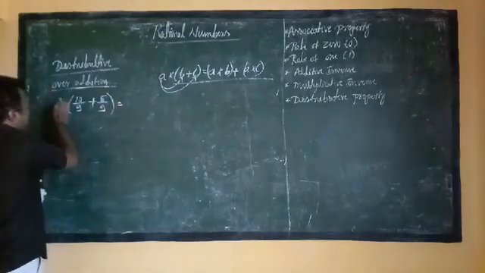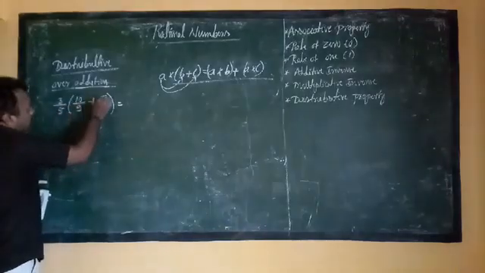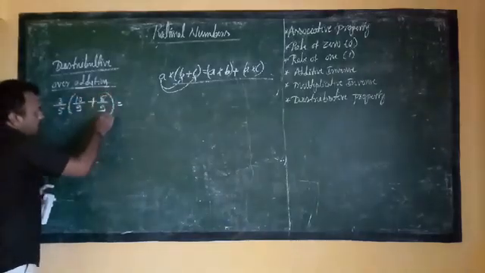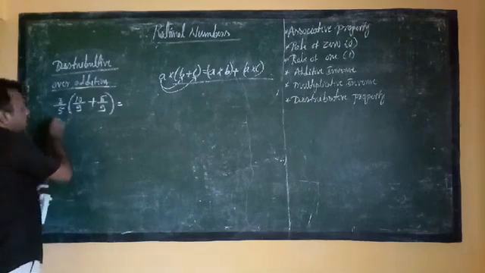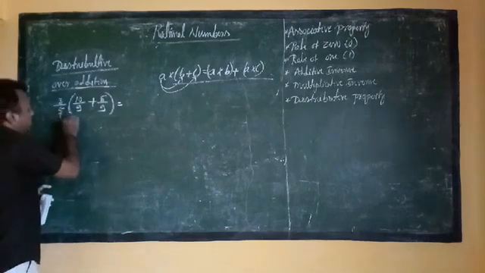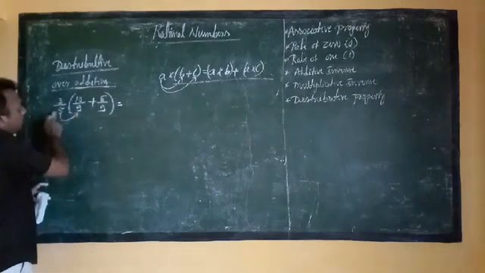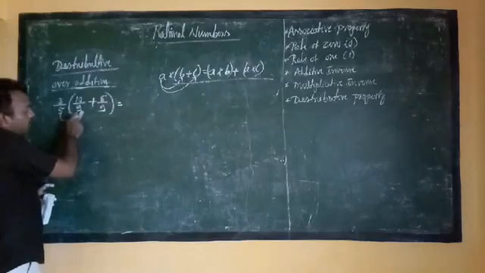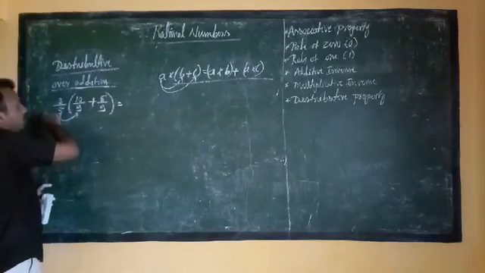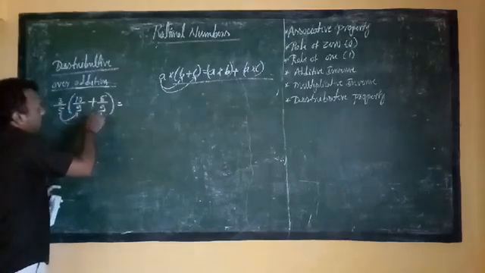See, 3 by 5 into 10 by 9 plus 5 by 9. The bracket is indicated as a multiplication. So firstly we have to multiply with 10 by 9, the first term. Again this 3 by 5 is also multiplied with 5 by 9.